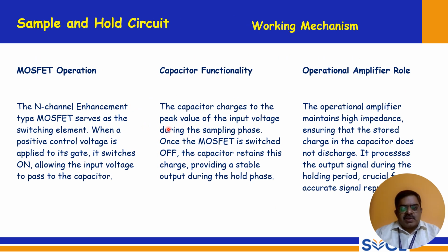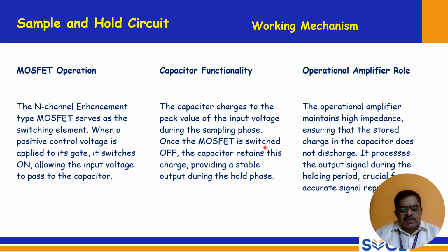So here, these are all the components used in a sample and hold circuit. This is the MOSFET. The N-channel enhancement type MOSFET serves as the switching element. When a positive control voltage is applied to its gate, it switches on, allowing the input voltage to pass to the capacitor. Capacitor function: the capacitor charges to the peak value of the input voltage during the sampling phase.